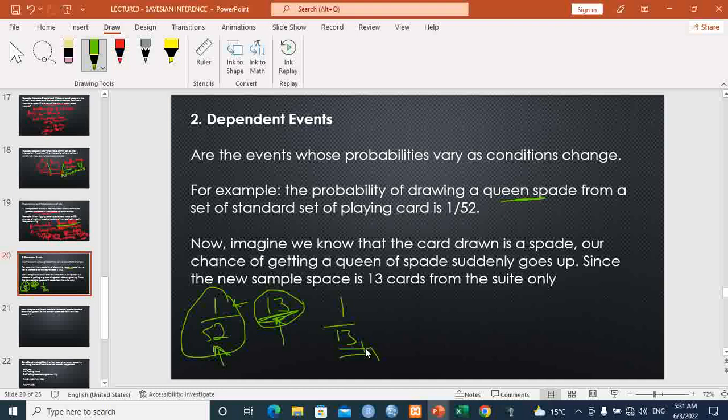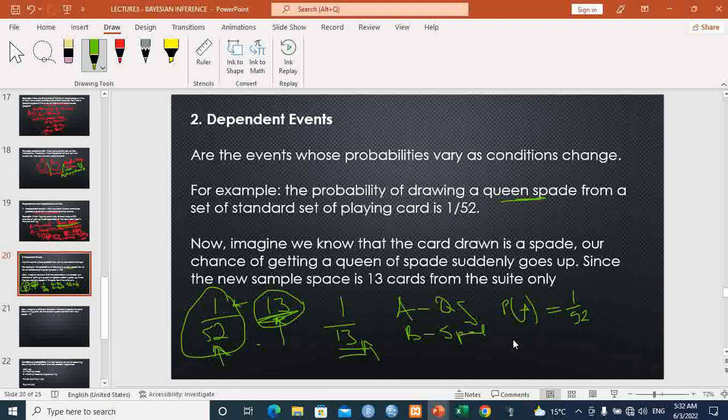Now let's use the probability language. Let's say A is getting queen of spades and B is getting spade. The probability of getting queen of spades is equal to 1 out of 52, what we have seen here.